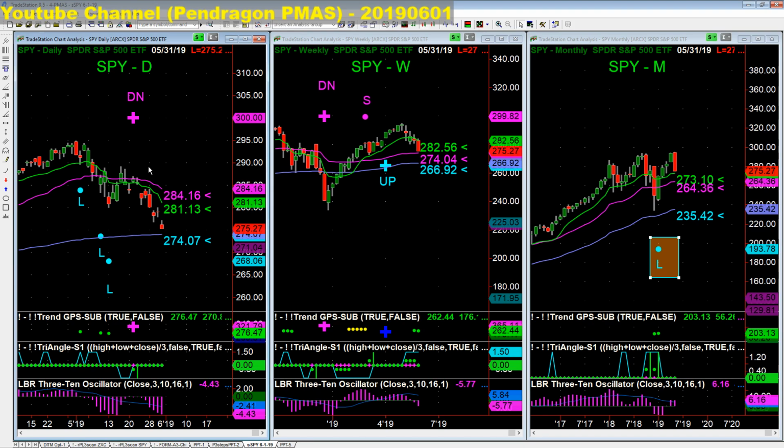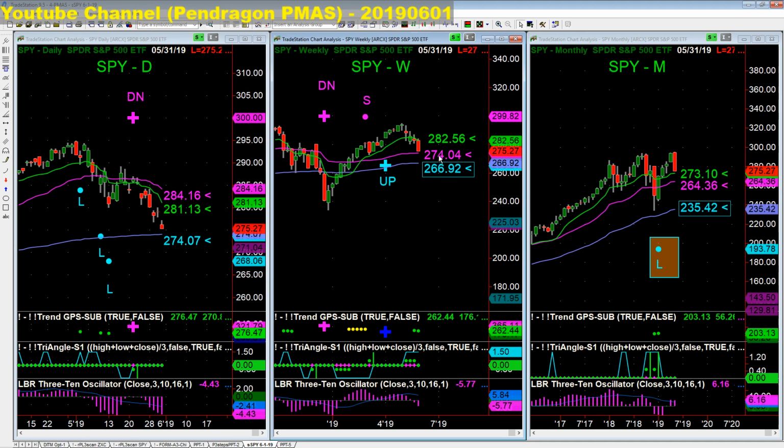So this tells us where the market is in relation to various potential support and resistance points, which I call pressure points, as labeled by these 3 lines. On the monthly chart, it's still above the 3 lines, although it's getting pretty close to our first green line, which is 273.10. So that's something we need to watch out for. Now on the weekly chart, it's actually pretty much in the middle.